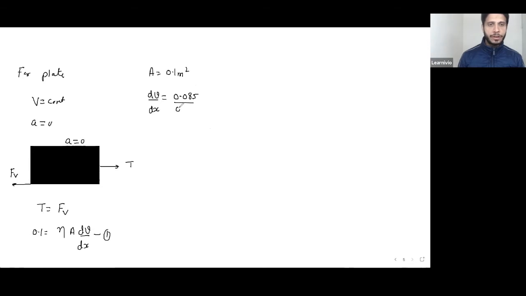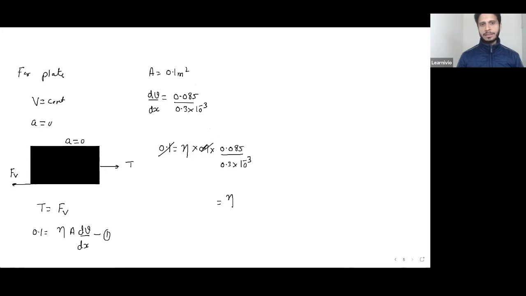It's 0.3 multiplied by 10 raised to the power minus 3. So if I substitute all values here, it comes out that 0.1 is eta into A, which is 0.1, into dV over dx, which is 0.085 divided by 0.3 multiplied by 10 raised to the power minus 3. So you can easily calculate your eta from here.